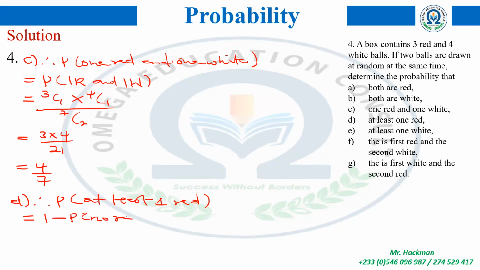Is that clear? Yes, please. That will be equal to 1 minus P. If no red, then it means the 2 balls will be white. So 2 white. As for this one, I know you are masters. We are going to continue again from that side. Let's see.